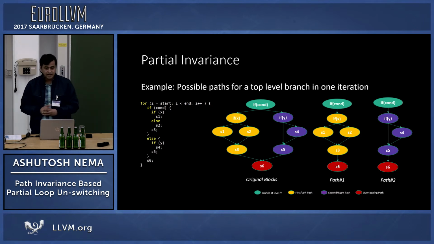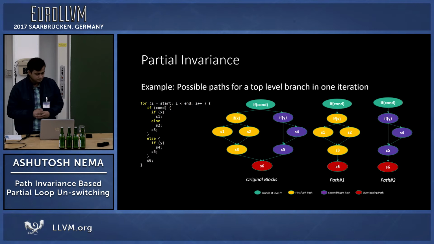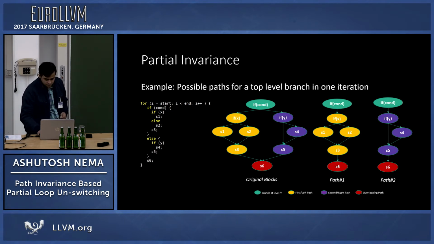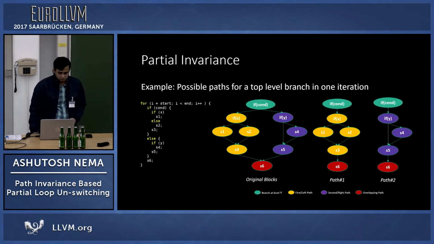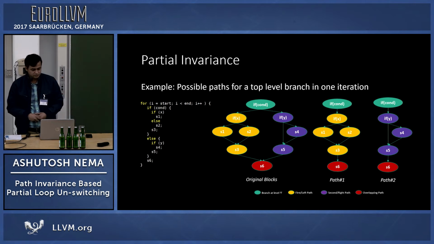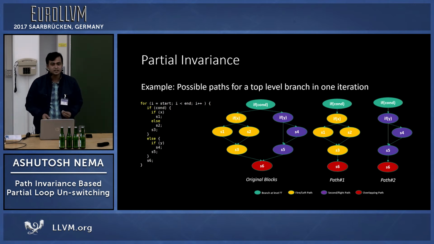One point to note is S6 is an overlapping block here. So our paths of interest are only two, the left path or the right path. We'll apply the classical invariant detection techniques on these to figure out in which path our condition is invariant.